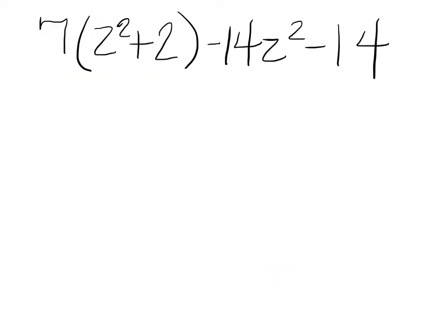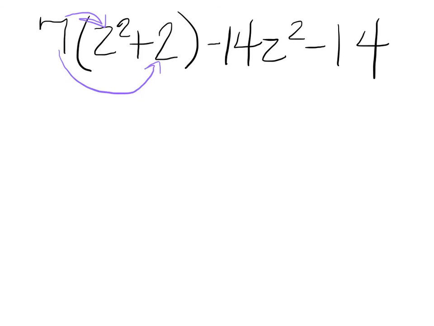All right, so for our final example, we're going to have 7 on the outside of parentheses, z, as in zebra, squared plus 2, minus 14z squared minus 14. So we're going to use that magical word again, distribute, and we're going to take the 7, distribute it to our z squared and to our 2.